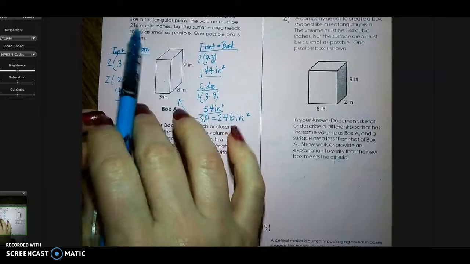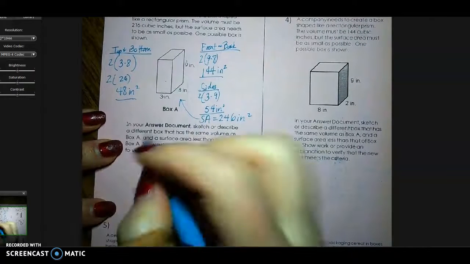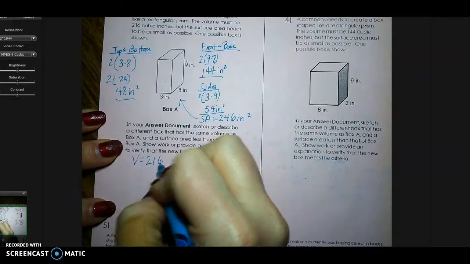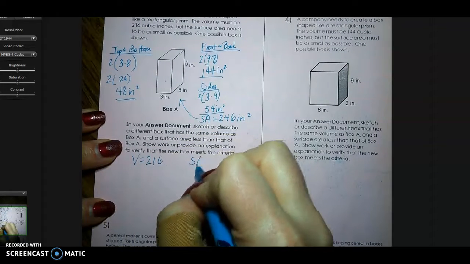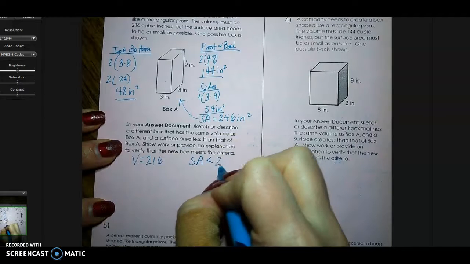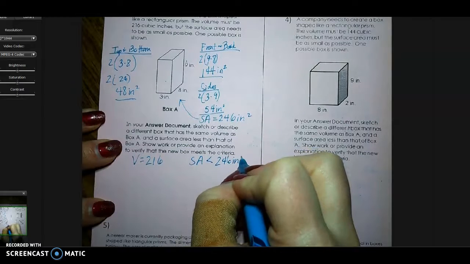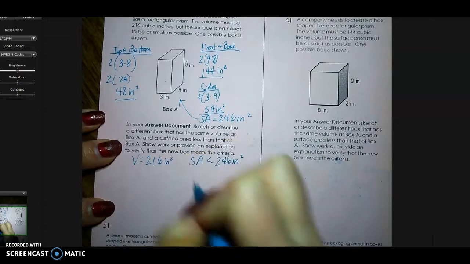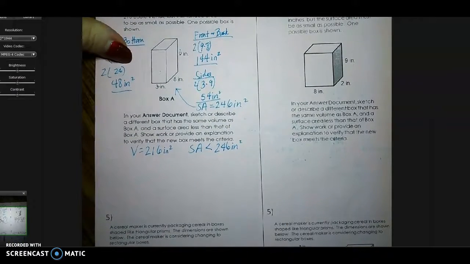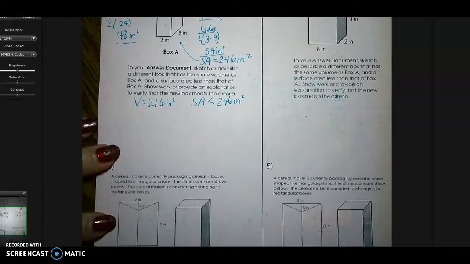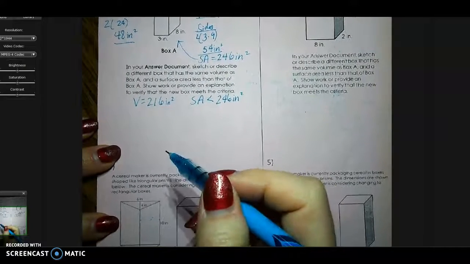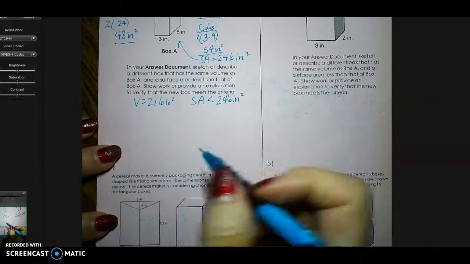I need to find another box that has a volume of 216, and I need my surface area to be less than 246 inches squared. So start playing with numbers. One possibility is, what if the box was a cube? I would still have the same amount.